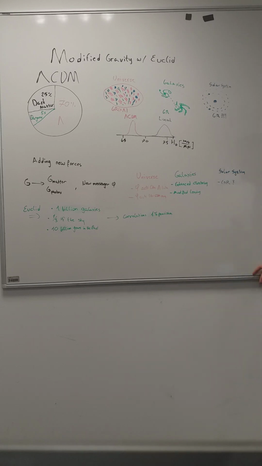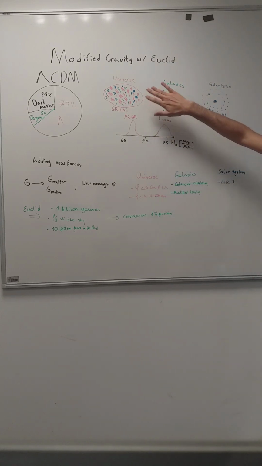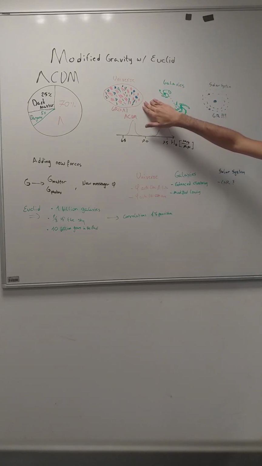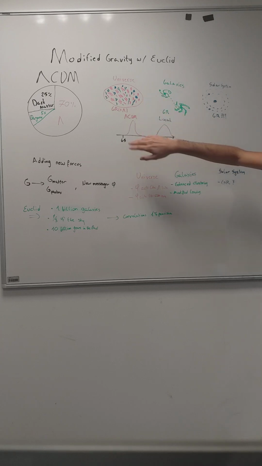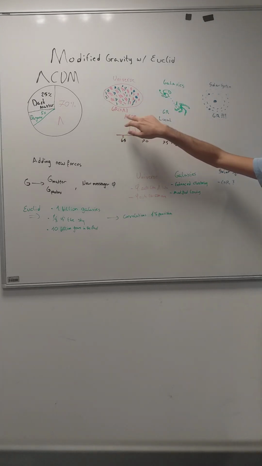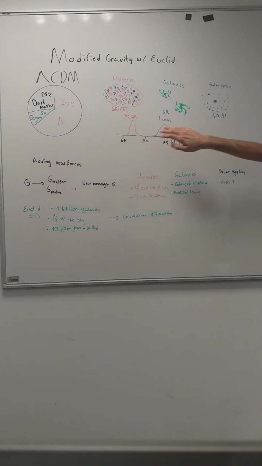This lambda CDM model only needs general relativity and 7 parameters to describe the universe to quite a nice extent. We can describe the fluctuations of the cosmic microwave background of the universe just using general relativity and adding the cosmological constant.